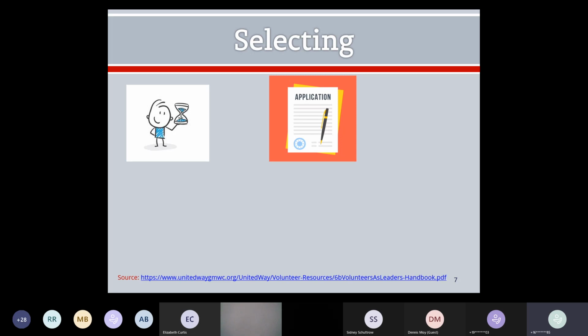So if we want them to have fundraising experience or event planning, communications, things of that nature, we'll be able to pick from our pool, or maybe create a special application for this volunteer leader role that really drills down on those specific skills that we're looking for.